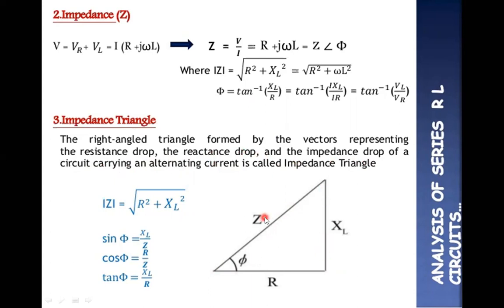From here, according to Pythagoras theorem, since it is a right angle triangle, Z is equal to the square root of R square plus XL square. And sin phi is opposite by hypotenuse, cos phi is adjacent by hypotenuse, and tan phi is opposite by adjacent.